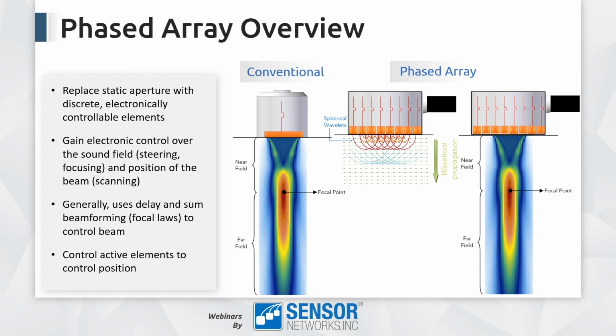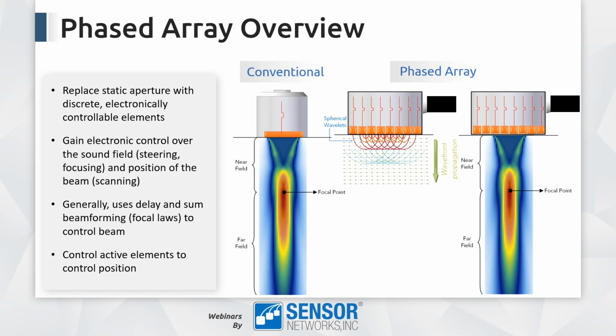This allows us to get electronic control over the sound field, whereas a conventional transducer has a sound field that is completely dictated by the design of the transducer, the aperture, whether it's got a focusing lens or things like that. Now, by having these discrete elements, we can gain electrical control. That allows us to steer the beam, focus the beam, and also position the beam by indexing through sets of elements in a larger array transducer.